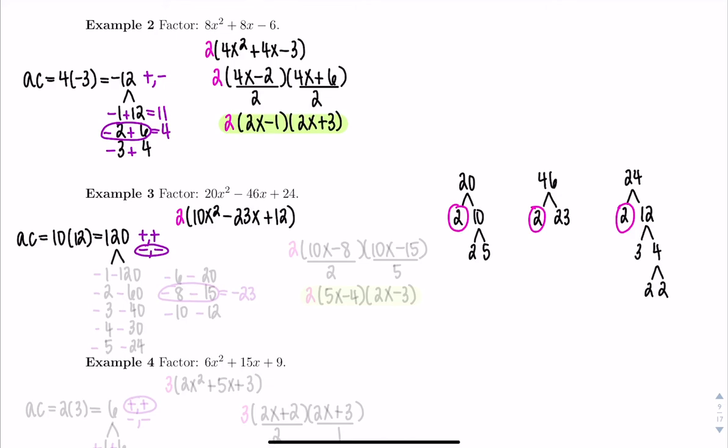So let's go ahead and write down the factors of 120. We've got 1 and 120. We've got 2 and 60. We've got 3 and 40. We've got 4 and 30.